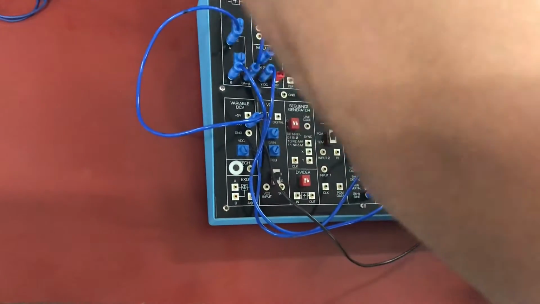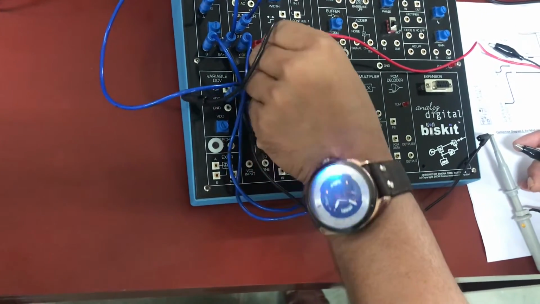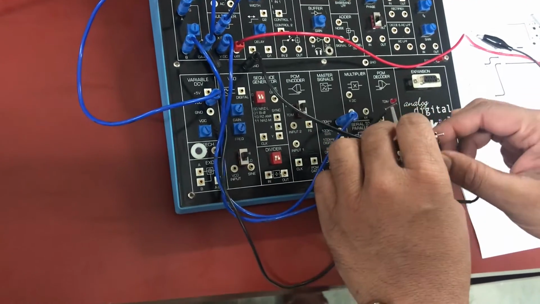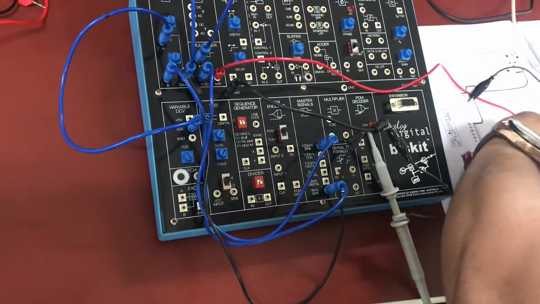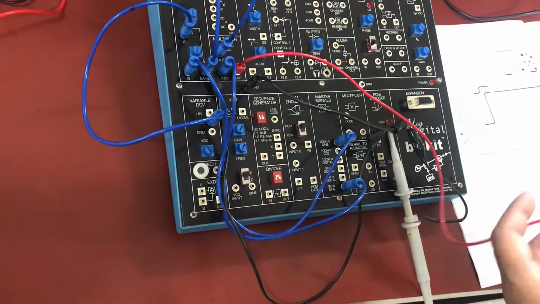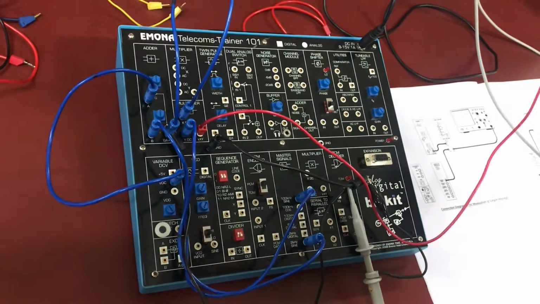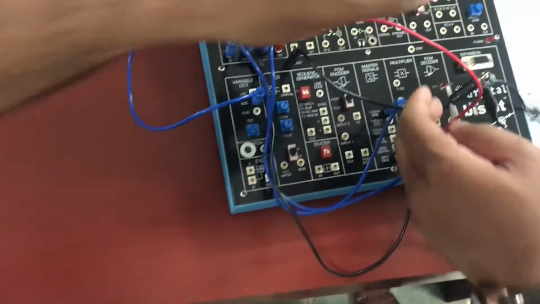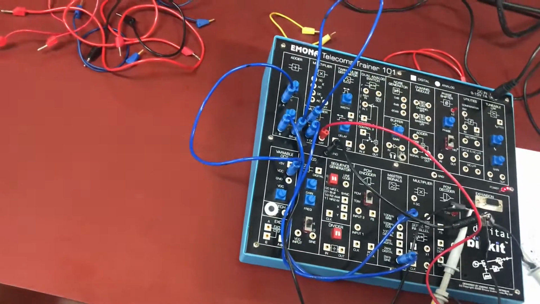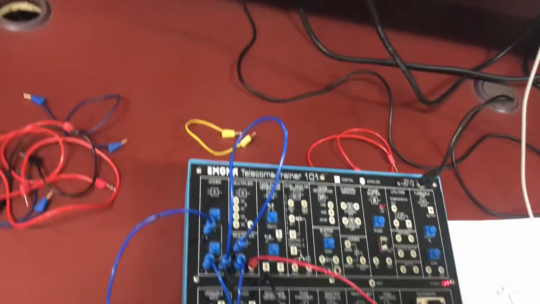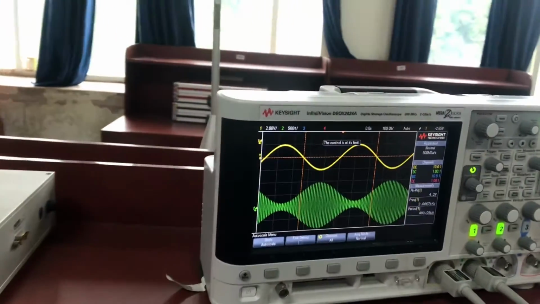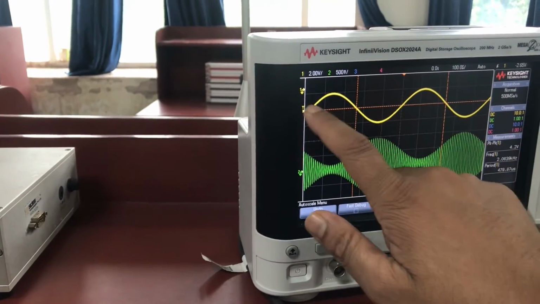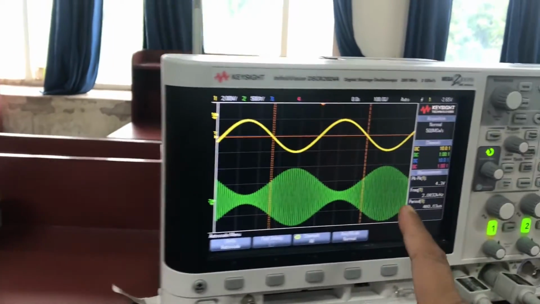One ground will be there. And this is our channel 2.